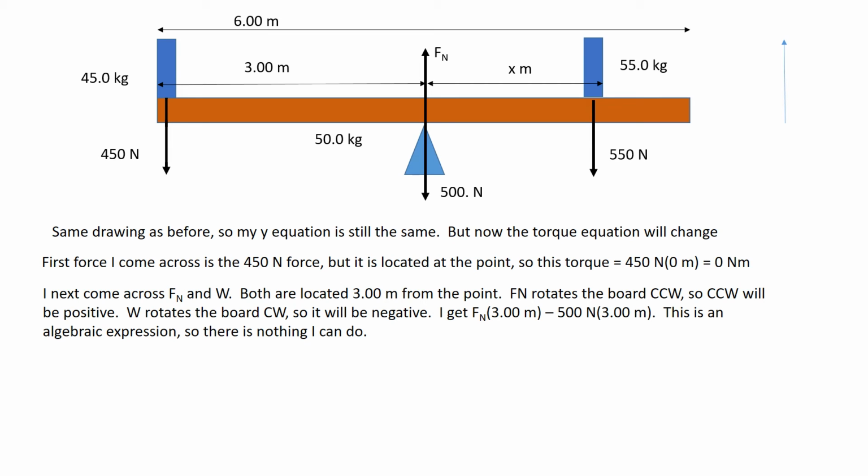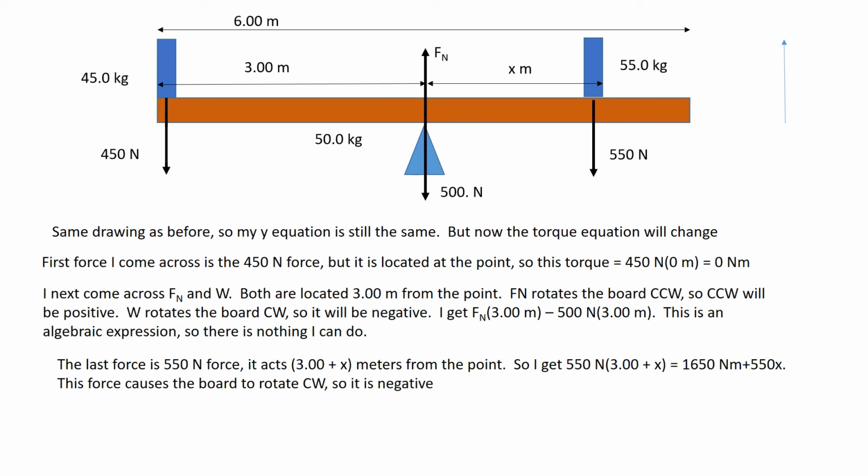The normal force wants to rotate it in a counterclockwise way, so counterclockwise will be positive. The weight of the board rotates it in a clockwise way, so it will be negative. Mathematically, I get Fn times 3 minus 500 times 3. This is an algebraic expression, so there's not a whole lot I can do with that one.